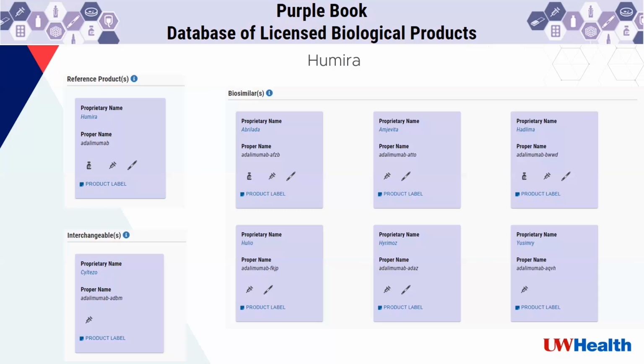When looking at Humira, there's just one reference product, and then there's one product that is interchangeable, and there are 6 other products that are considered biosimilars. The other thing that you can see on the purple book is what different formulations the medication comes in, so we can see Humira comes as a vial, as a pen, and then as an injector.